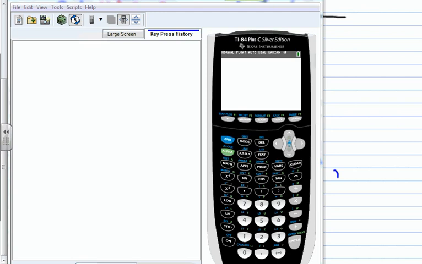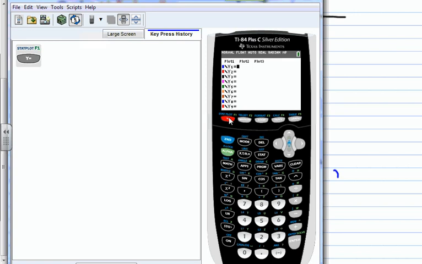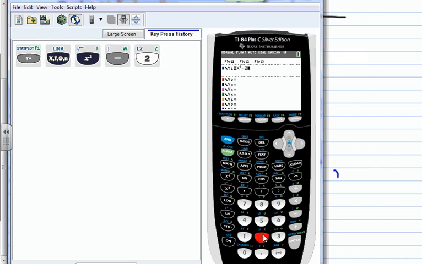Very first line, y1, we just enter the equation, x, and then squared, and then -2. Okay, I'm done with that. I would hit graph. You can see all the strokes on the left side here. And there's my graph.